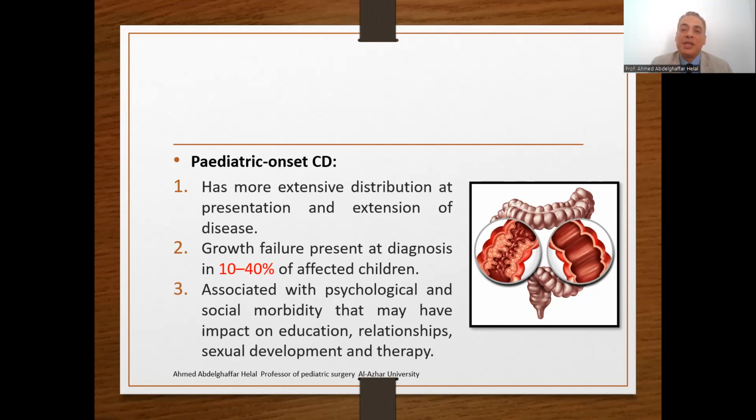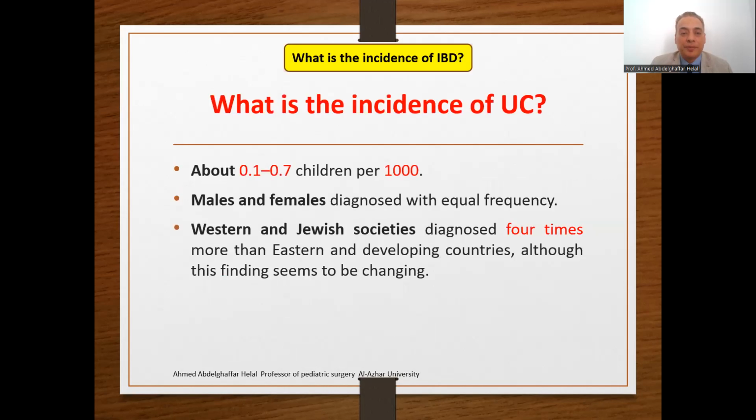Number three, the onset in pediatrics is associated with psychological and social morbidity that may have an impact on education, relationships, sexual development, and adherence to therapy. So the pediatric surgeon must understand that pediatric onset ulcerative colitis and pediatric onset Crohn's disease are different from adult onset ulcerative colitis and adult onset Crohn's disease.